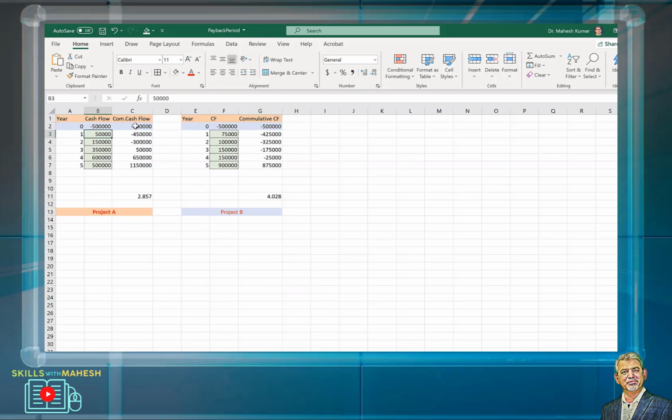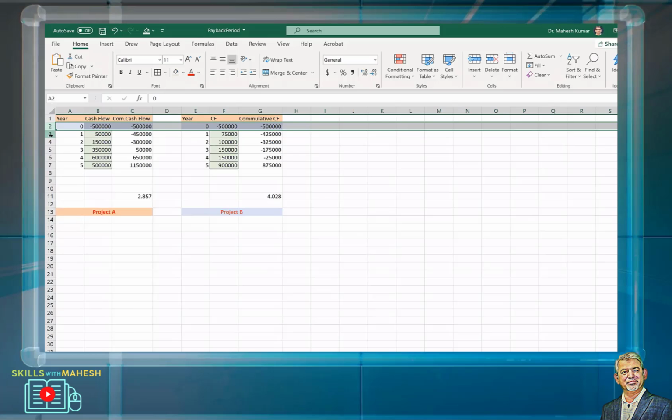So here, this is outflow. How I have done is I have added C2, which is here. This is column C. Look, in Excel, columns have alphabet names, A column, B column, C column, and rows are numbered here.